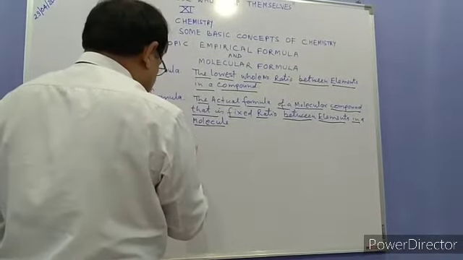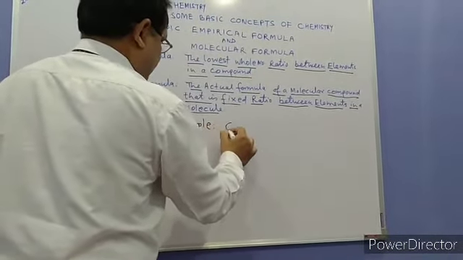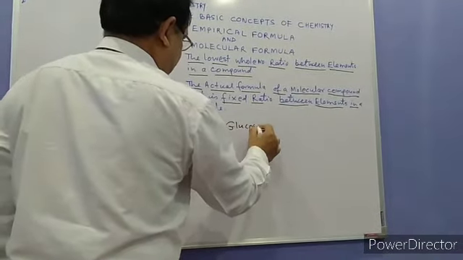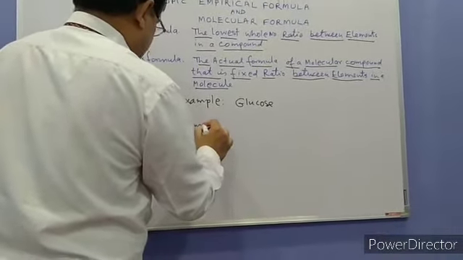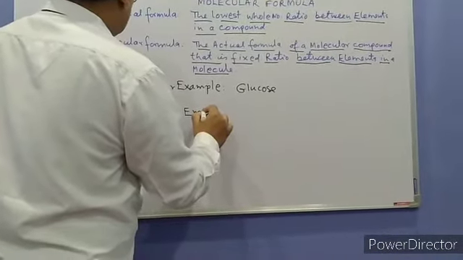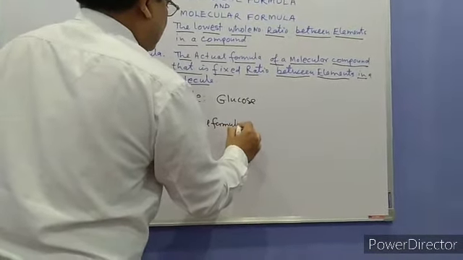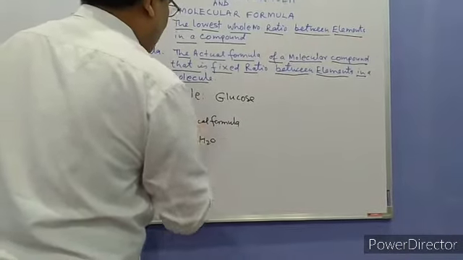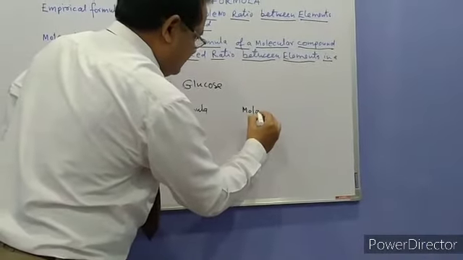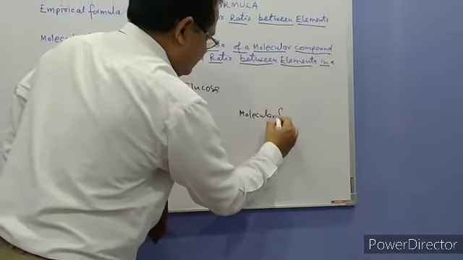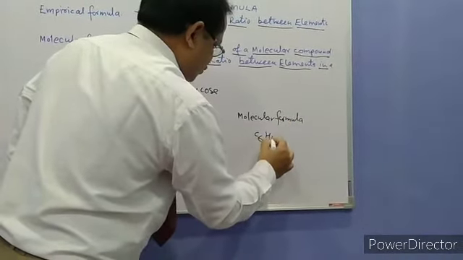For example, glucose: the empirical formula is CH2O, and the molecular formula will be C6H12O6.